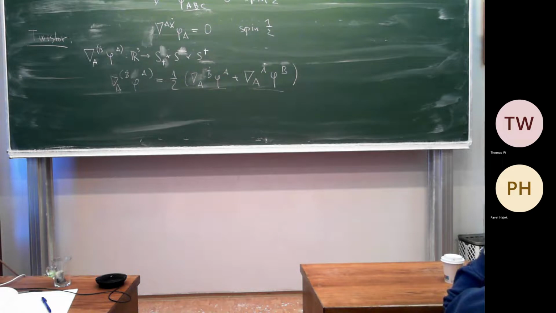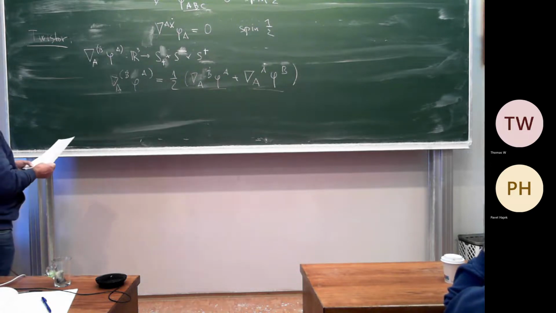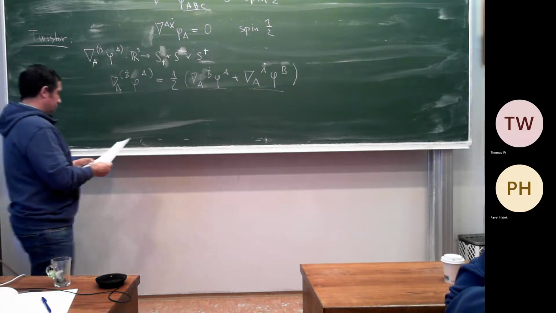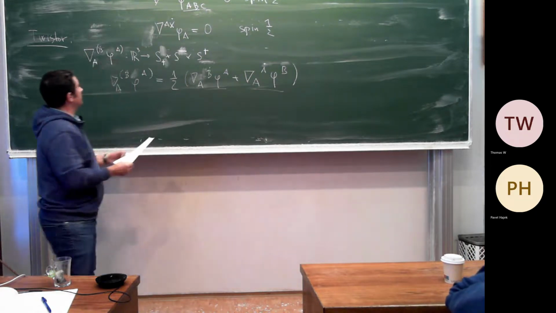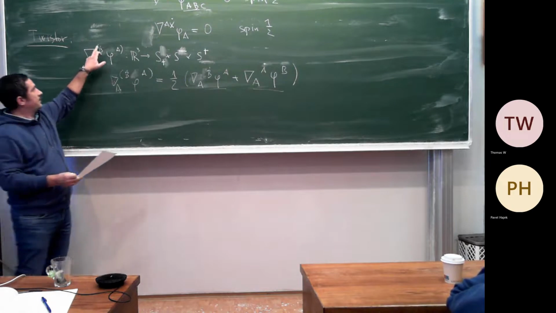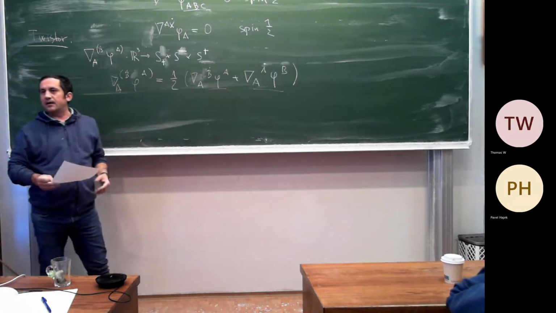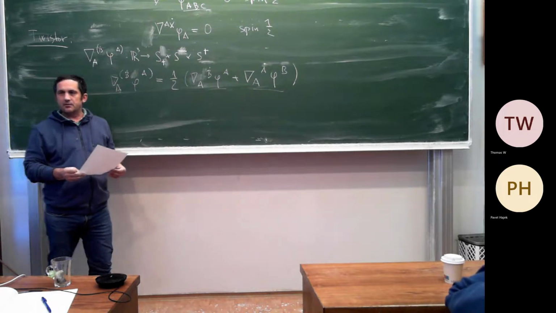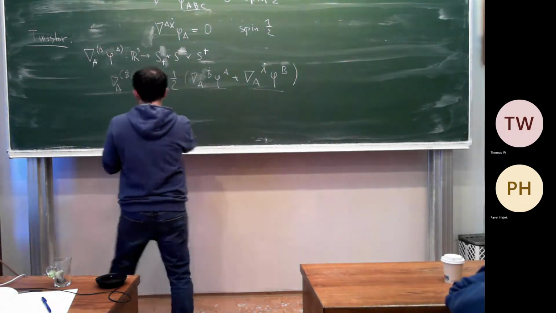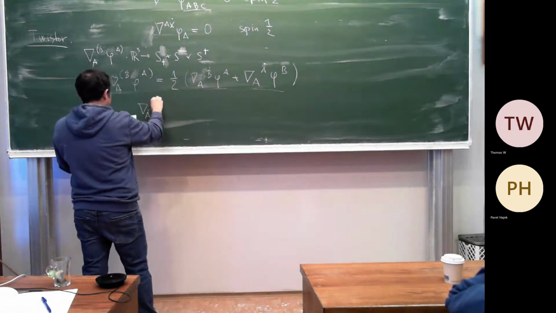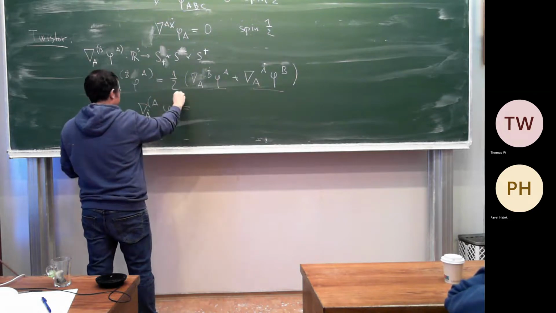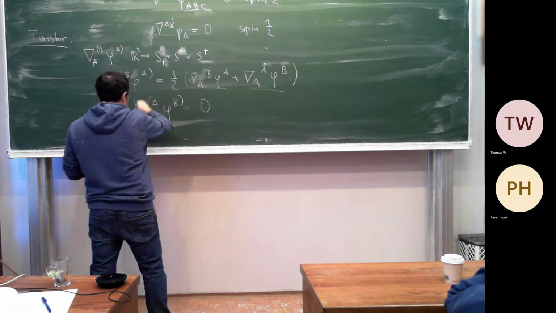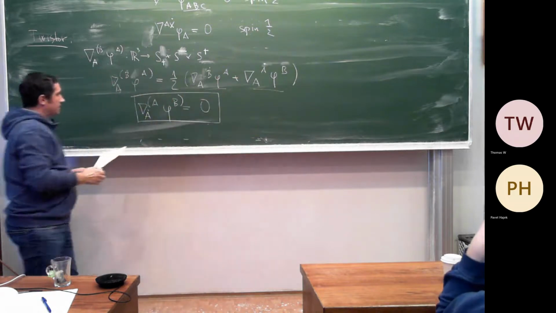But what is interesting? Hopefully it's. And what's even worse, I am reversing dots and unders. That's why I made a mistake. Sorry, I don't need it there. So the equation we shall write is this one. And this is the twistor equation.